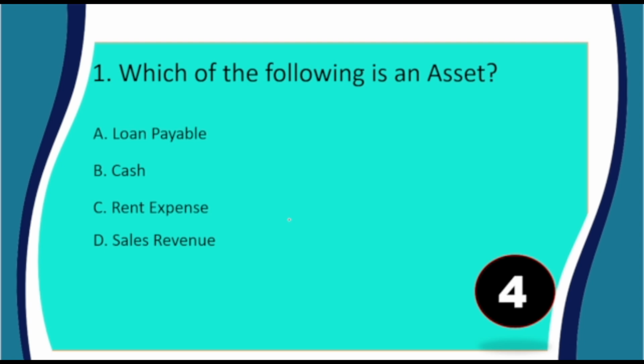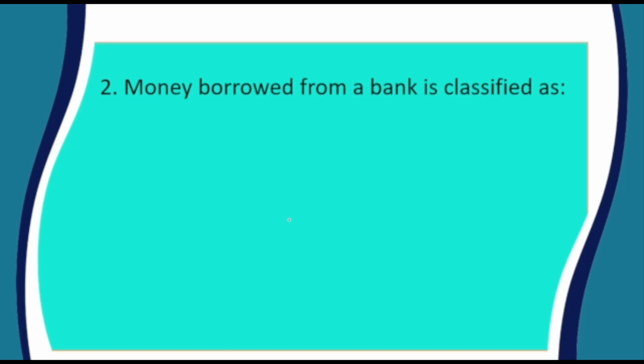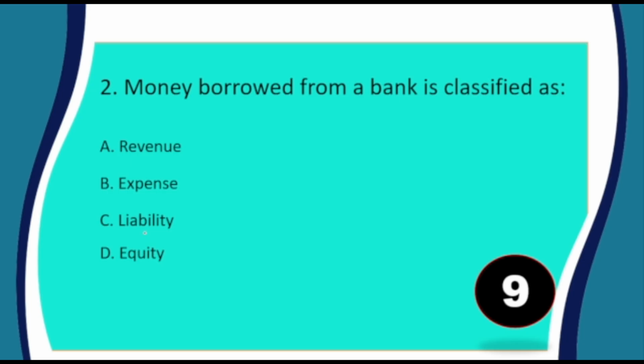What is your answer? The correct answer is letter B, cash. Next question, money borrowed from a bank is classified as, guys: A. Revenue, B. Expense, C. Liability, D. Equity. The correct answer is liability.